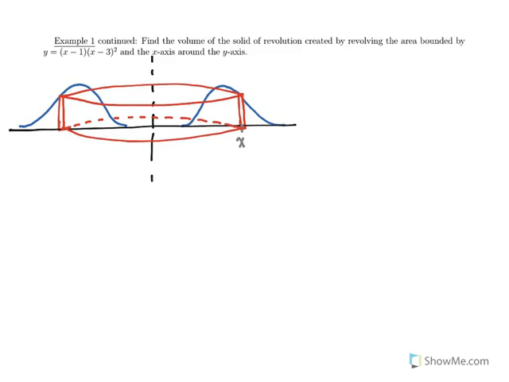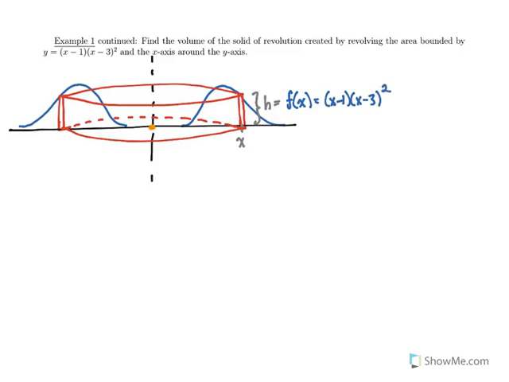We have that the height of this shell, h, is going to be exactly whatever that function value is, or in this case, x minus 1 times x minus 3 squared.